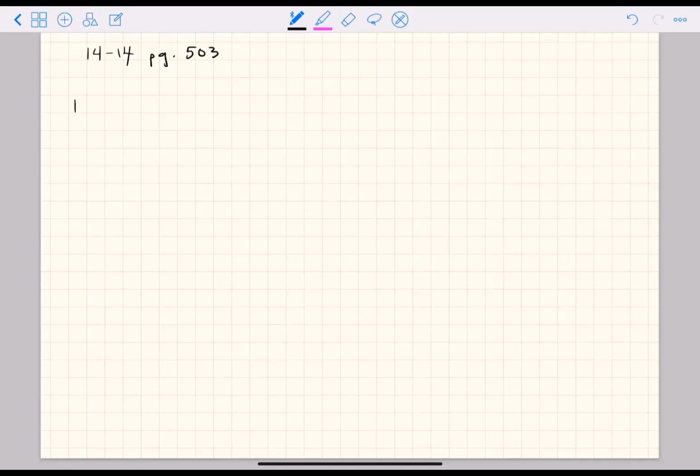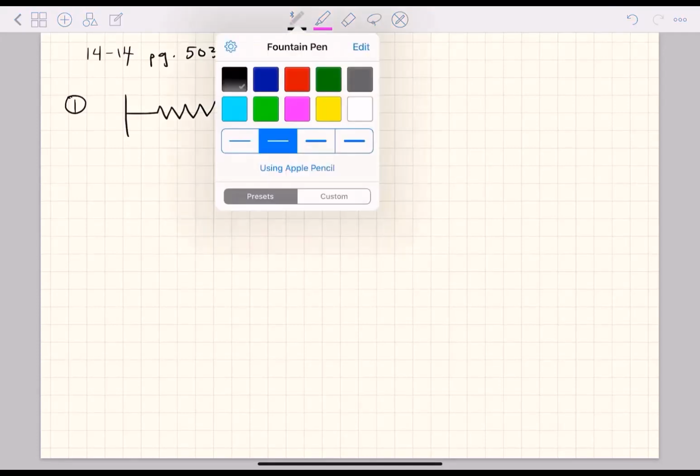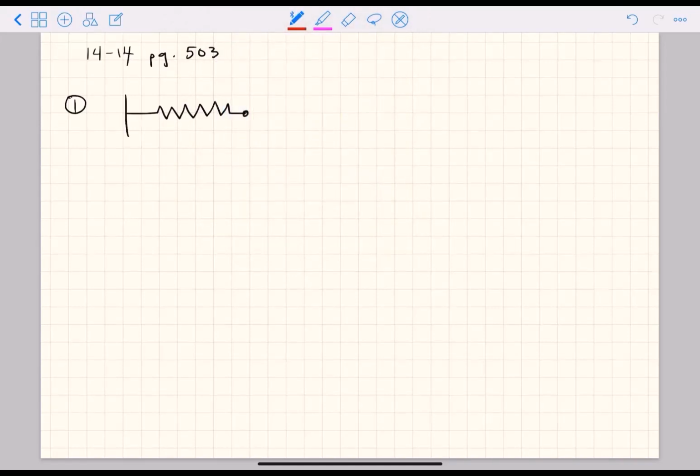We have 2 different states here. We have state 1, and it says that we have this spring, and there is a load being applied to it. We're going to call that P1.